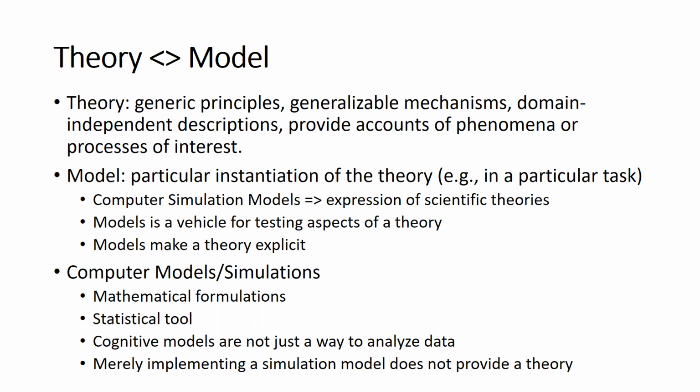These computer models and simulations can be created to represent parts of those theories. They are based on mathematical formulations. They can also be based on statistical tools. But it is important that we understand cognitive models are not just a way to analyze data, and merely implementing a simulation model does not provide a theory.